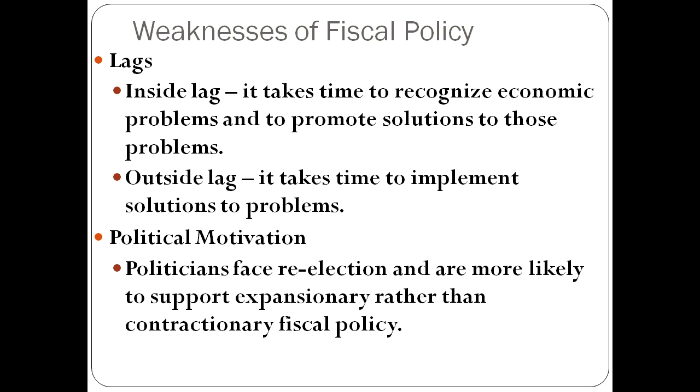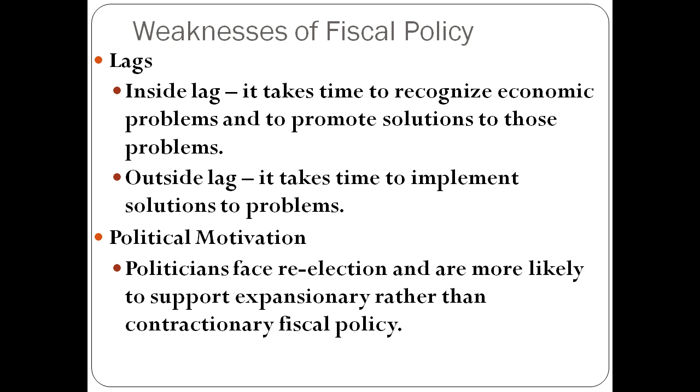Okay, they want the government to spend money on them. Okay, they want to cut taxes. Cutting taxes and increasing government spending is going to be an expansionary fiscal policy. So there is a huge political motivation oftentimes to do an expansionary rather than a contractionary fiscal policy.